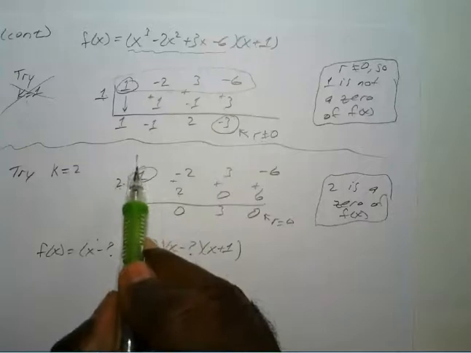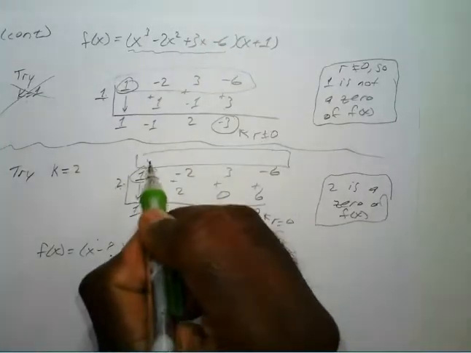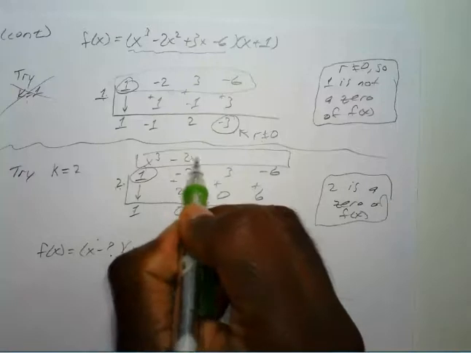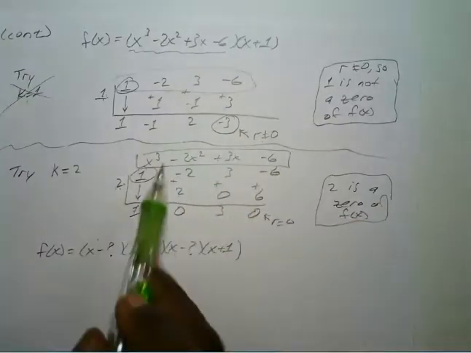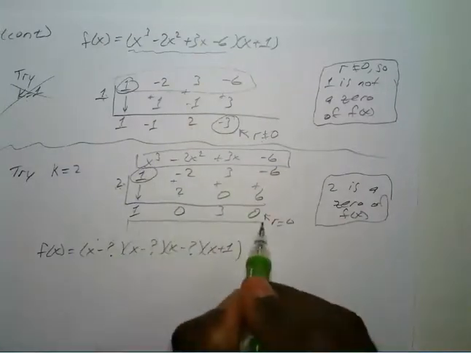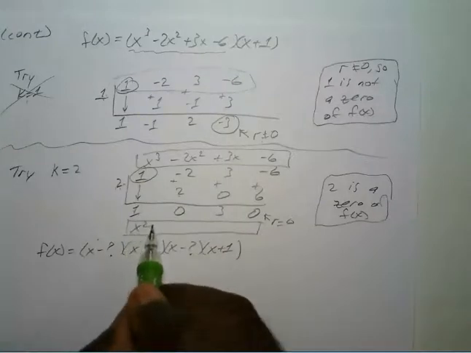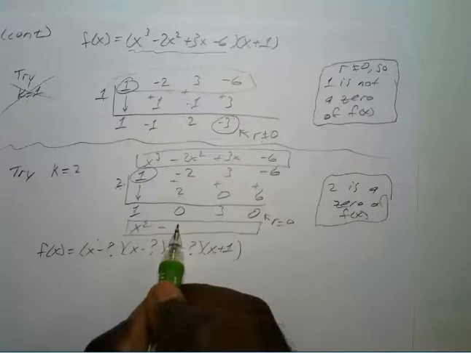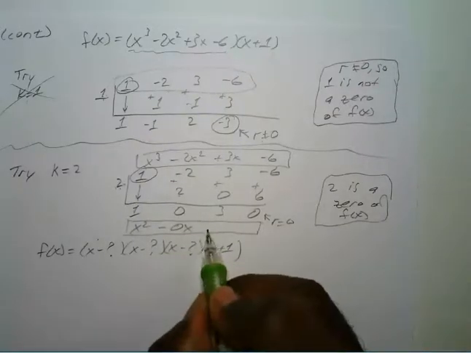Now remember, once we find our 0, this started out as x to the third minus 2x squared plus 3x minus 6. Remember, your exponents drop down 1. So this becomes x squared plus 0x, it doesn't matter, plus 3.